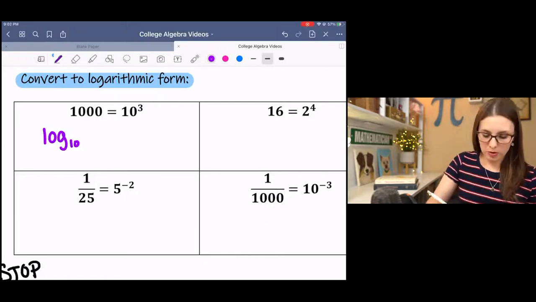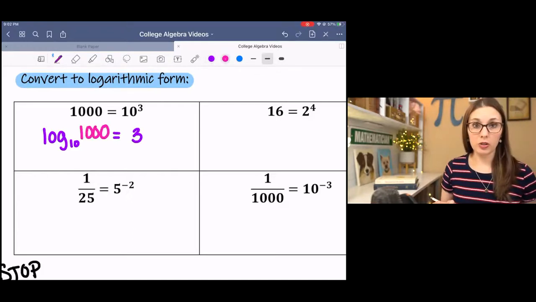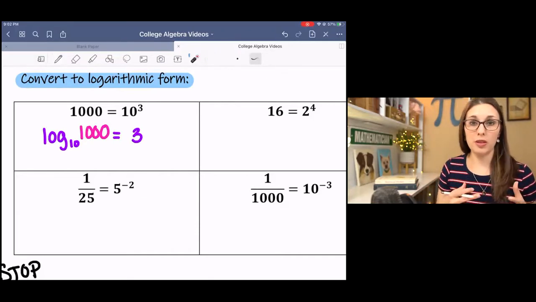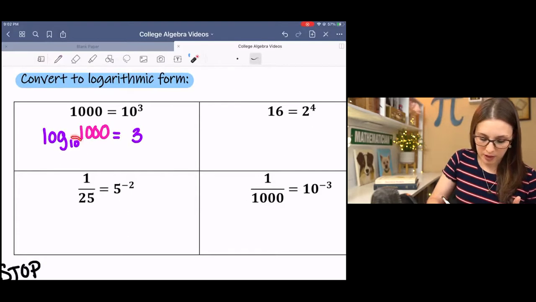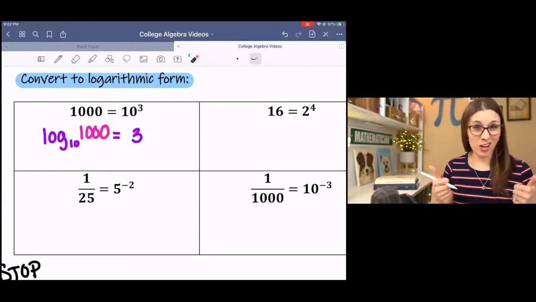And then remember that the exponent was actually what it equaled. And so 1,000 goes here. And you can check yourself because we're comfortable with the exponential form. 10 to the 3rd is 1,000. And so that's how you can check yourself. If you just run it back through the other way and it checks out, then you're good.